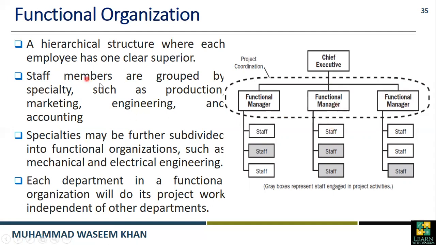So staff members are grouped by specialty such as production, marketing, engineering, and accounting. Specialties may be further subdivided into functional organizations such as mechanical and electrical engineering. Each department in a functional organization will do its project work independent of other departments. For example, this department will perform its project work independent of these two departments.